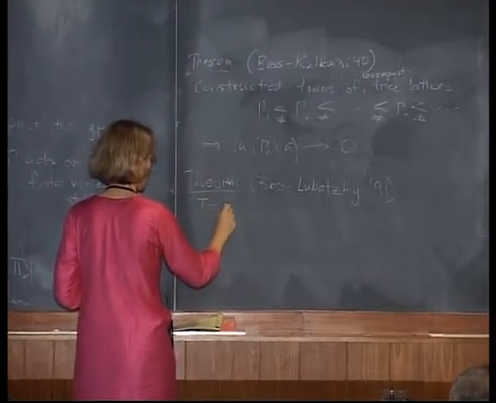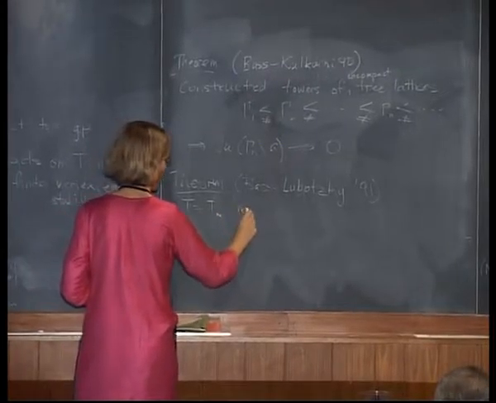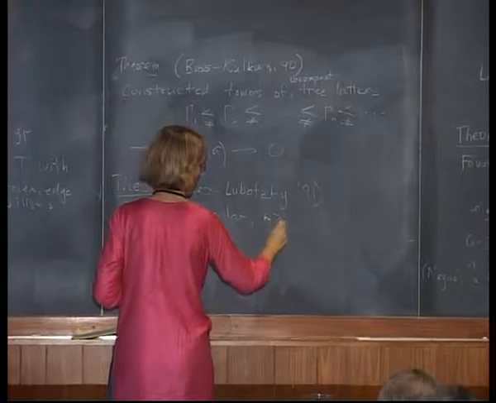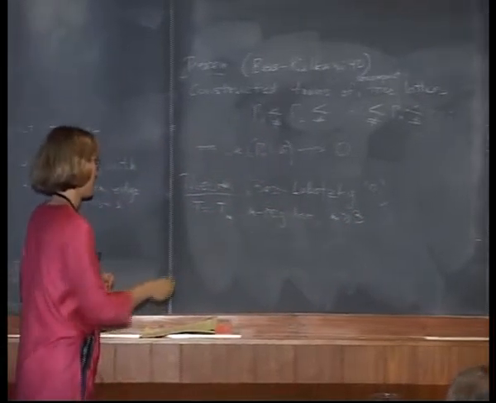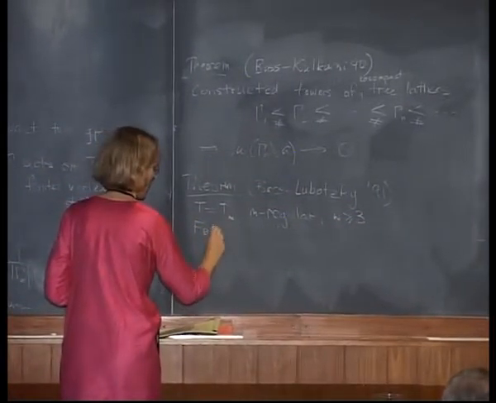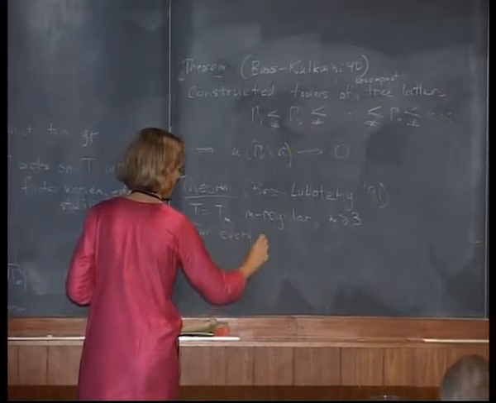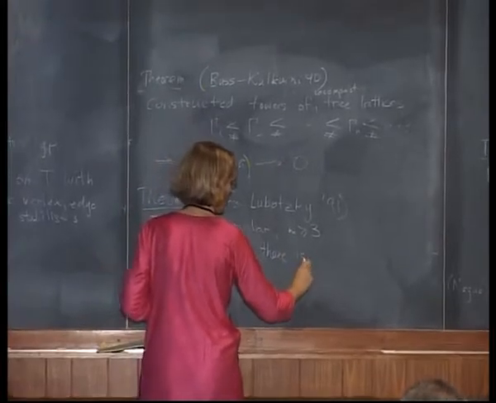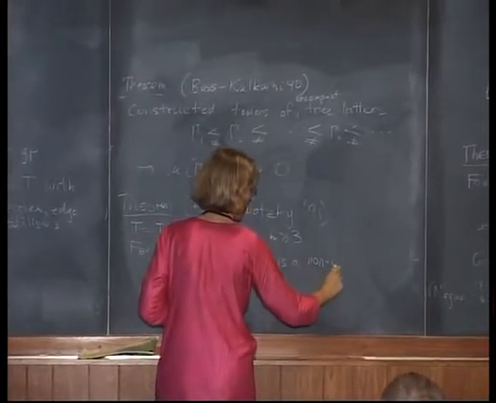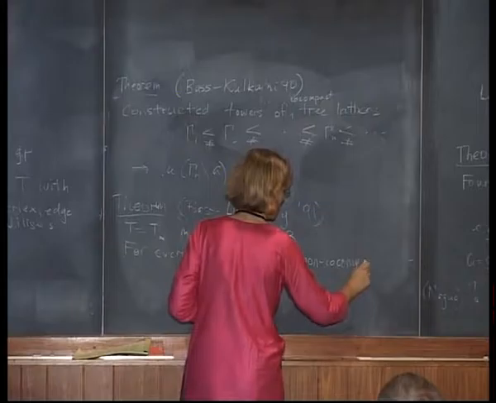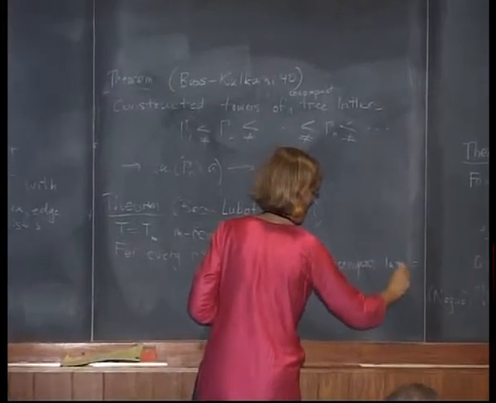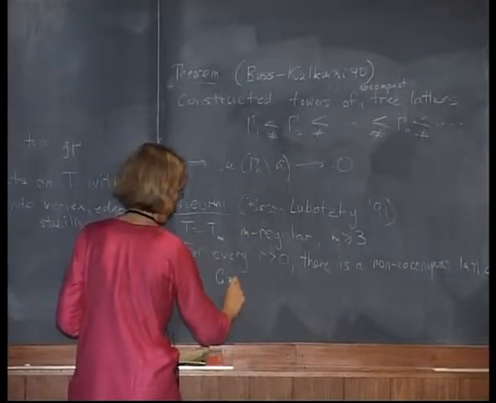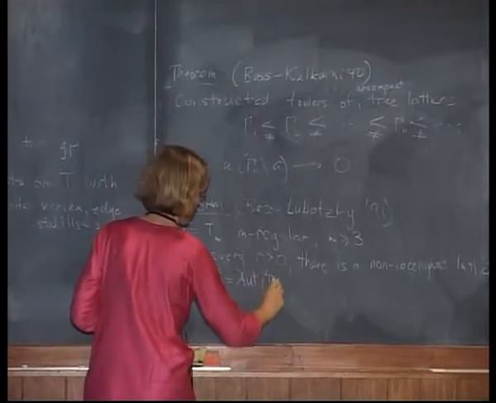So if T is the M-regular tree, where M is at least 3, then for every positive real number R, there's a lattice, a non-co-compact lattice, in G, the automorphism group of the tree.